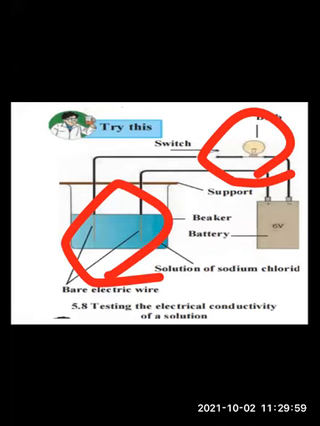Or you can take 1 gram glucose powder, or 1 gram urea. Keep on changing the solution and check with every solution whether the electric current is passing or not. You can even use dilute H2SO4.